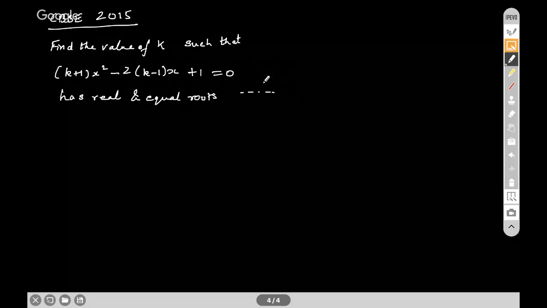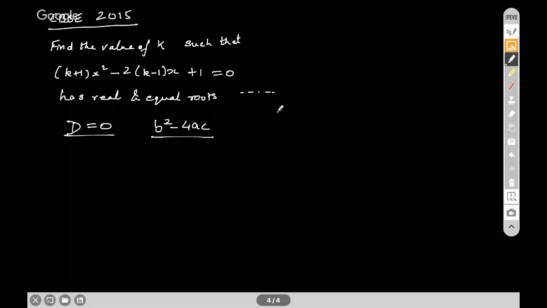Now this is another way of testing. What they will do is they will give you a quadratic equation in terms of k, so in this question also, though you have to find out the coefficients, it will actually lead to solving a quadratic equation itself. So what is the condition for real and equal roots? That means D must be equal to 0. What was D? D was b square minus 4ac.